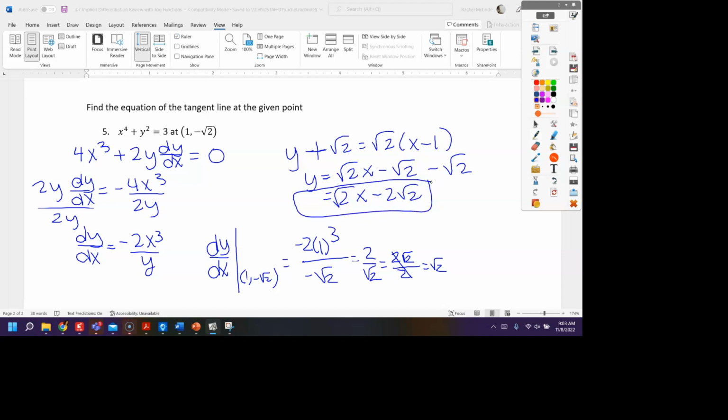And then you simplify, you get like root 2x minus 2 squared. Option 2 wasn't much different.